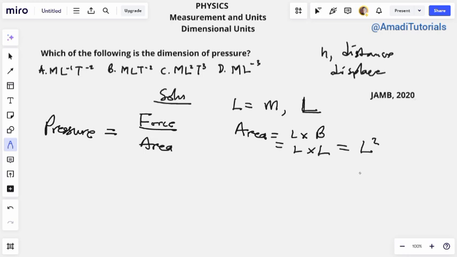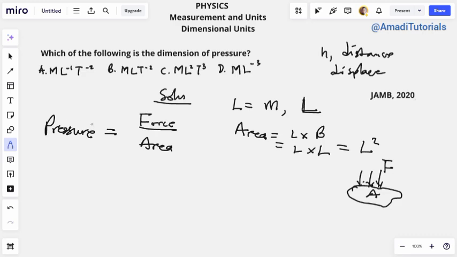So pressure is talking about the amount of force you exert on a certain area. So how much force do you exert on an area?